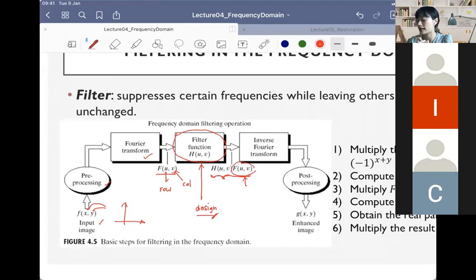Basically, you just multiply them, and then you get a filtered version of the image, but it's still in the frequency domain. So you have to pass it through the inverse Fourier transform to get the filtered image. Sorry, not the original image, the filtered image.